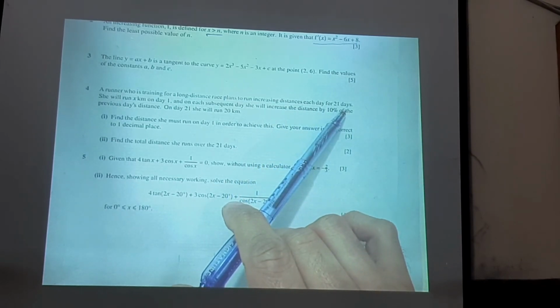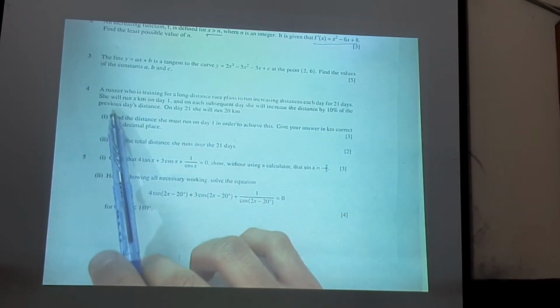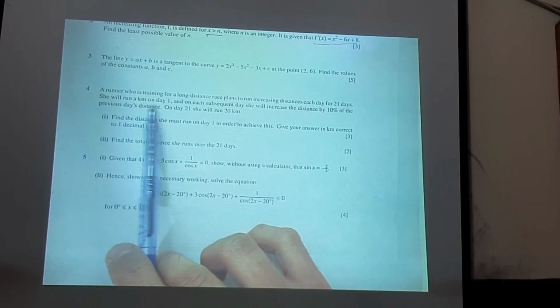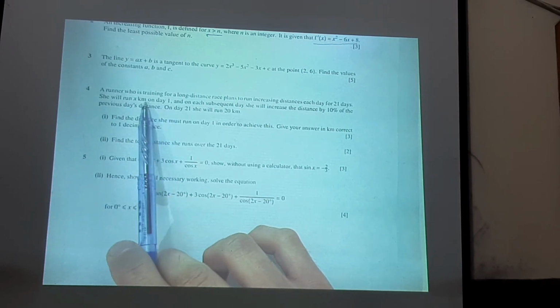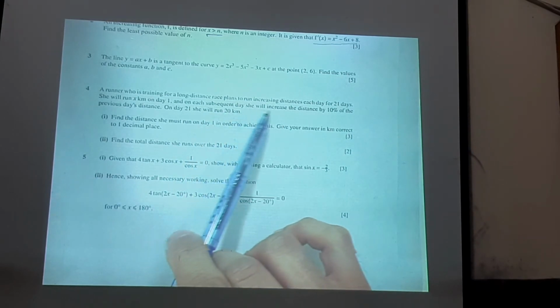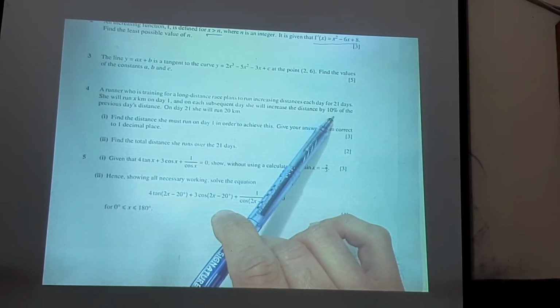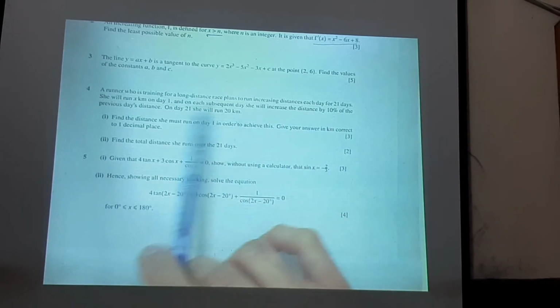So there is a runner who is going to run in a race, and she will run x kilometers on day 1. On day 1 she is running x kilometers, and on each subsequent day she will increase the distance by 10%. Meaning every day she is going to increase her running distance by 10% compared to the previous day.